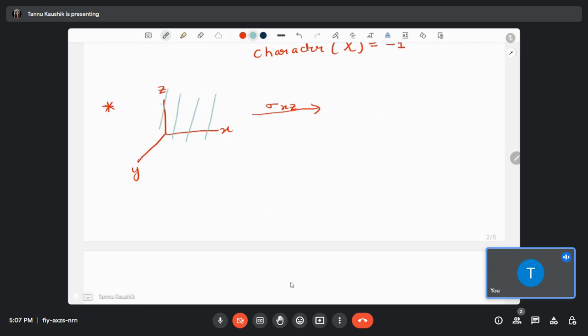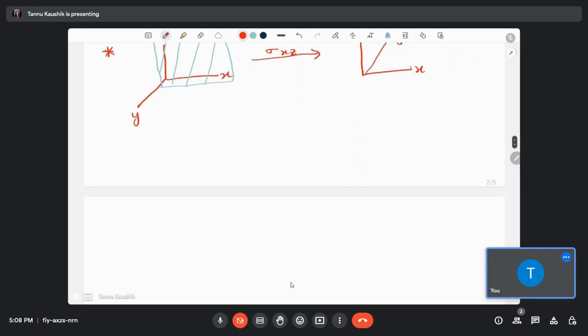This is the plane we are following, the operation sigma xz being applied here. Okay, so this z-axis and x-axis will remain same. There will be no changes in these axes. However, we will observe a change in y-axis. That is, we will find a reflection of this y-axis in the opposite direction.